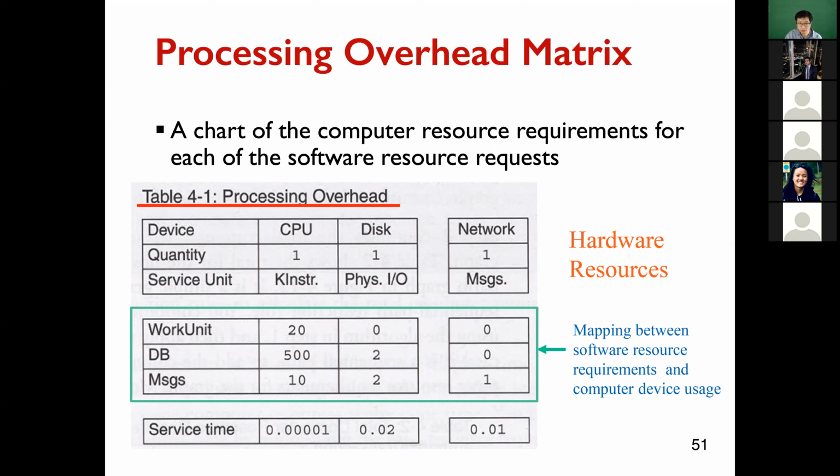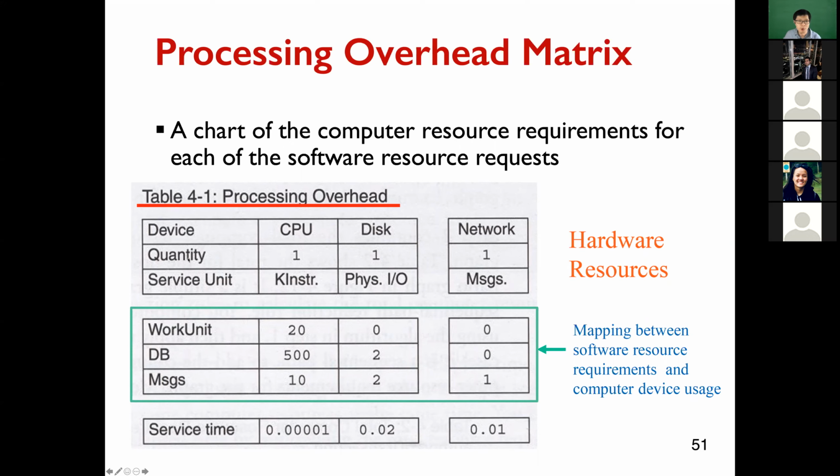Let's look at an example. First we identify what hardware devices are used in the system. Here we have one CPU, one disk, and one network unit.